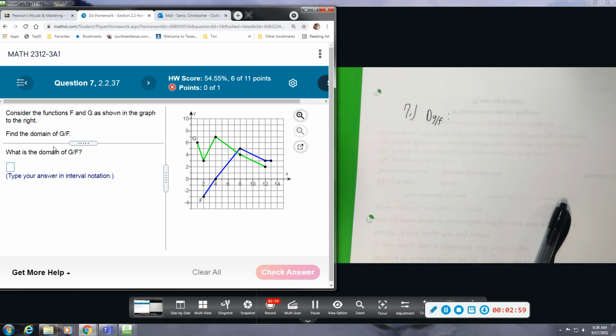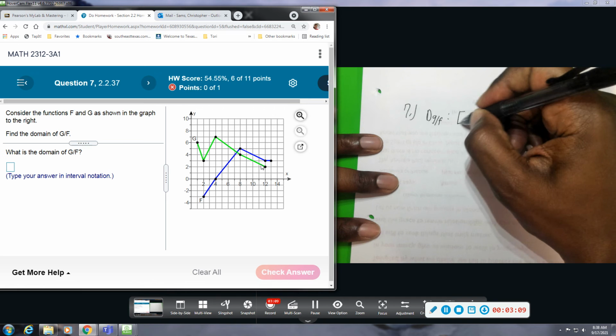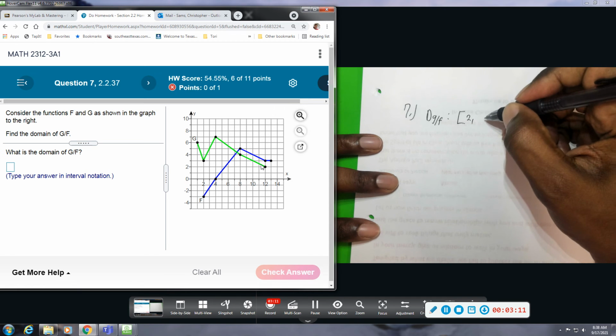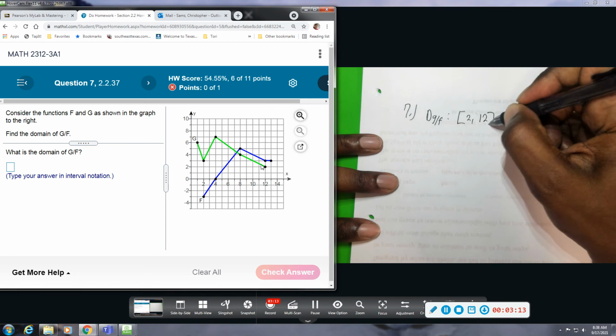So they start at 2 and they overlap until we get to 12. Okay, so we would start here, 2 to 12. That's our starting point.